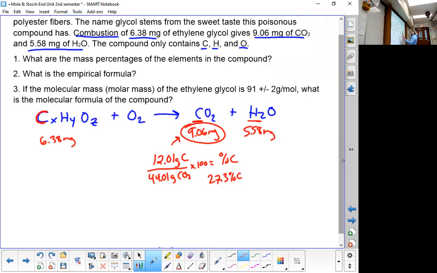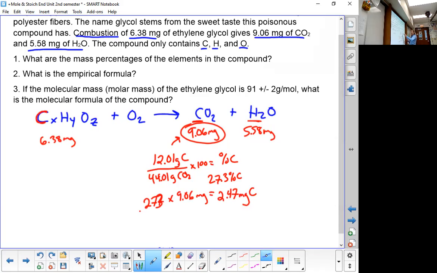So if we take 0.273 times the 9.06 milligrams, we can get how many of those milligrams are carbon. So there are 2.47 milligrams of carbon that combusted, okay?